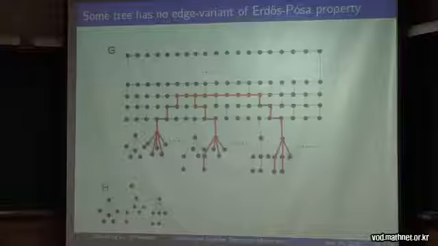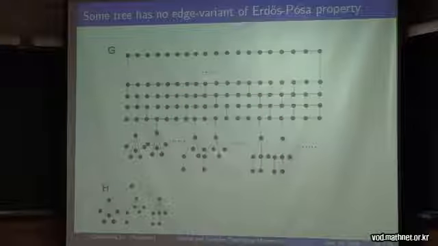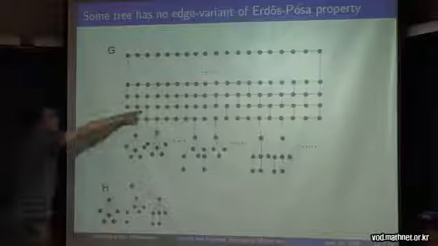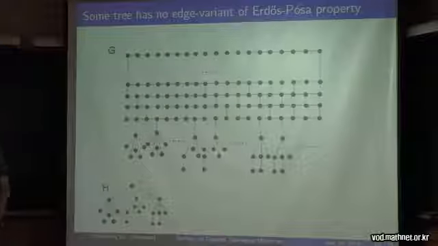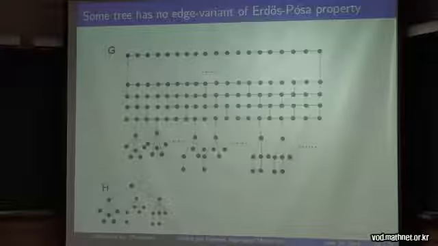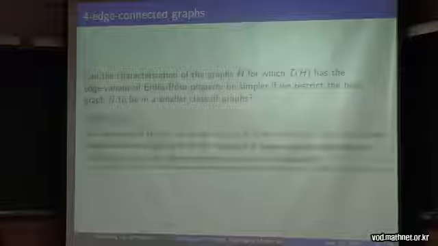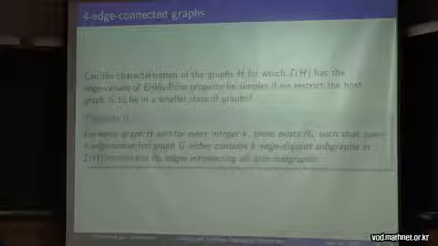So let's go back to this bad example. Let's see what's happening in this graph G. You can see so many edge cuts of size 3. So how about we increase the edge connectivity, say 4-edge-connected? Then what will we have? Actually, it gives the correct answer to this question.